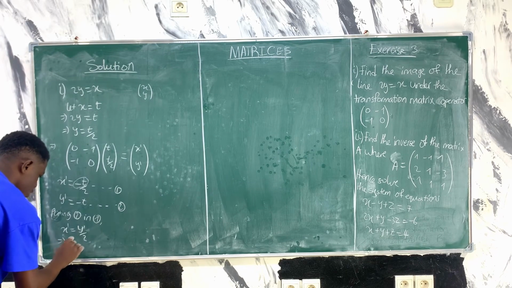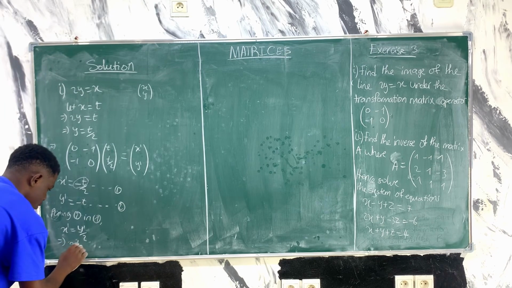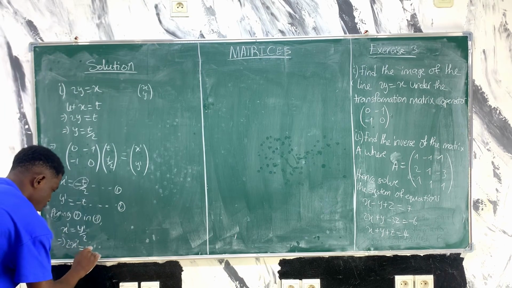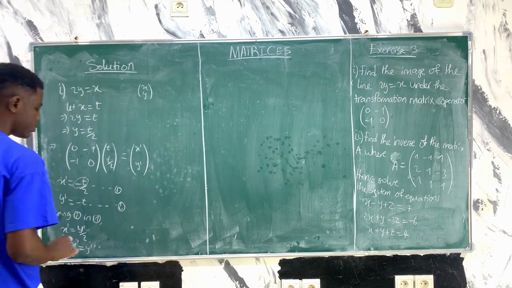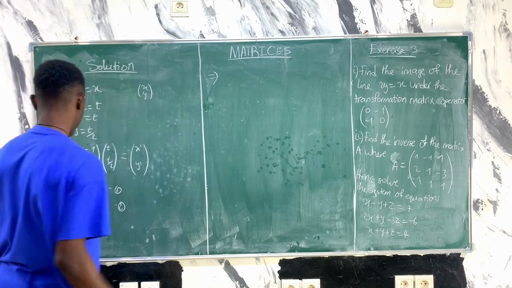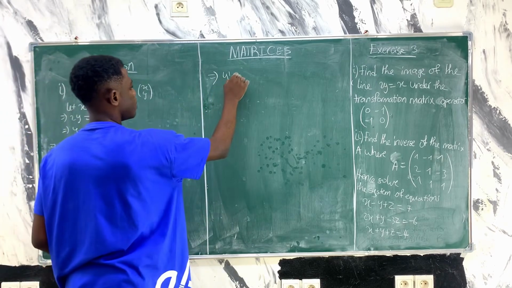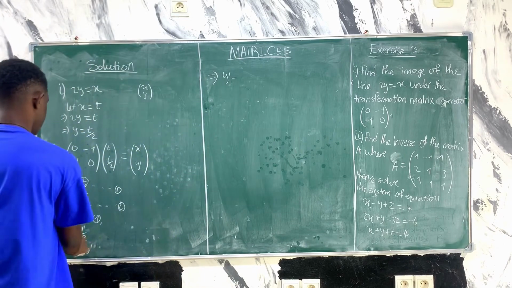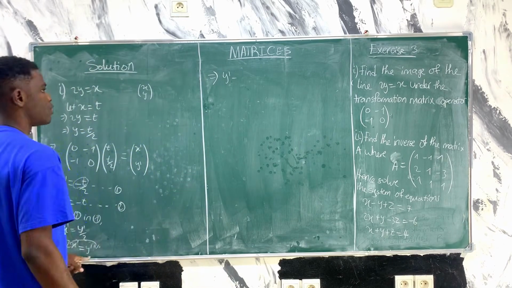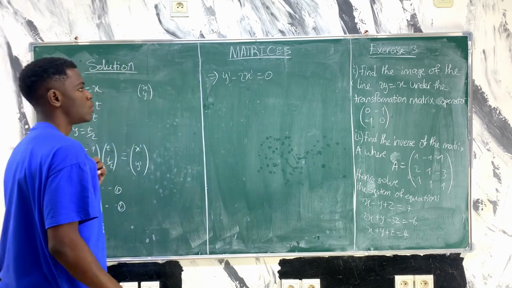Which implies 2x prime is equal to y prime, which implies y prime minus, if I bring this behind, I'm going to have y prime minus 2x prime is equal to 0.